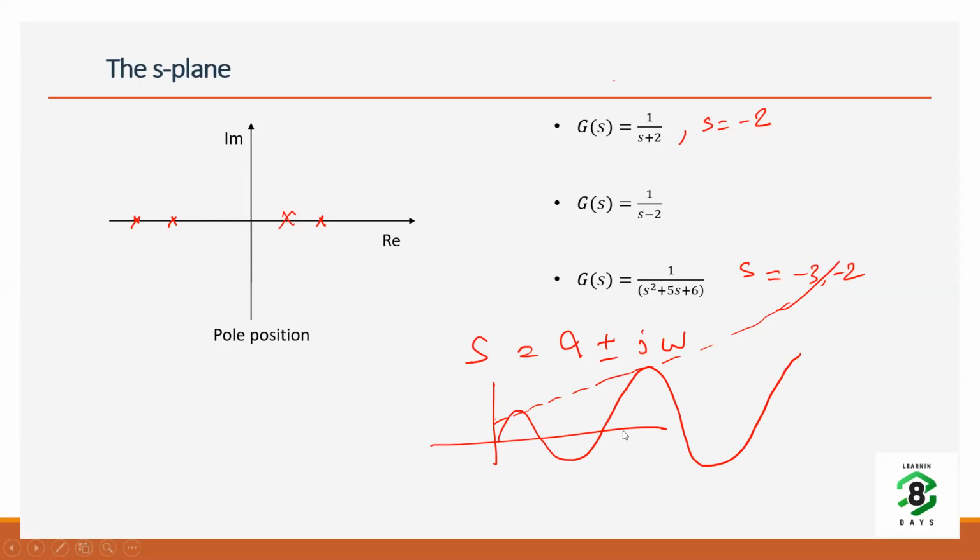This is one type of instability, because it will take you to the unbound state. But if sigma is equal to 0, then you will have sustained oscillations. It will not grow. So that means the poles are over here. You have a sustained oscillation.